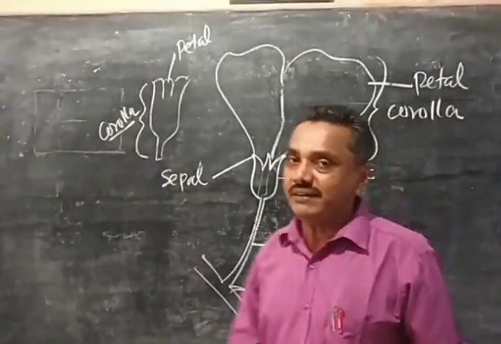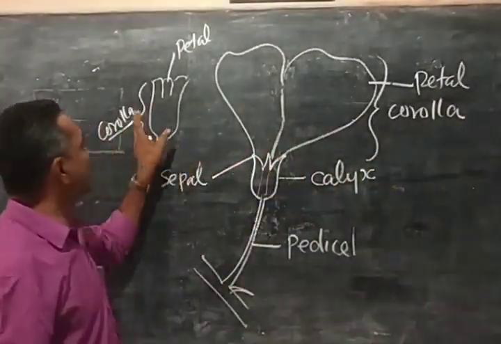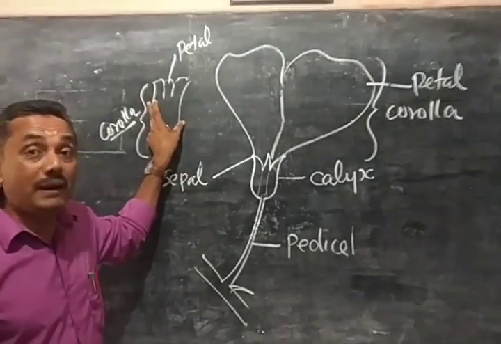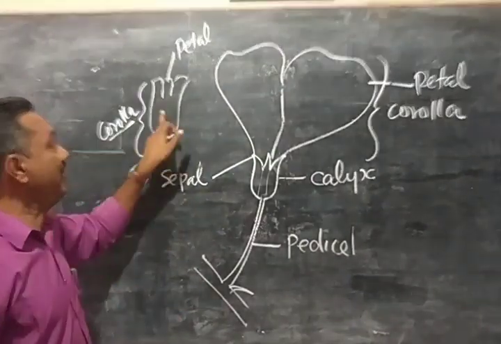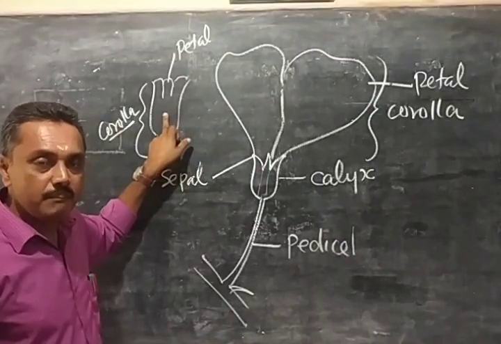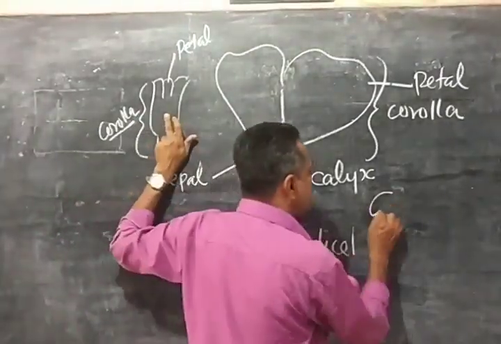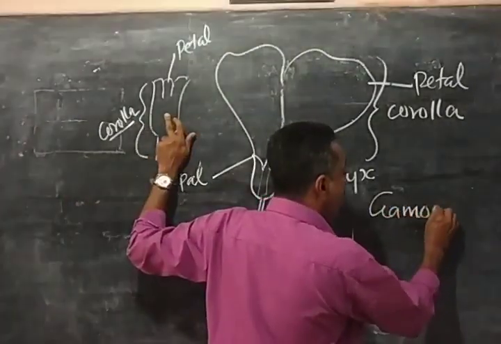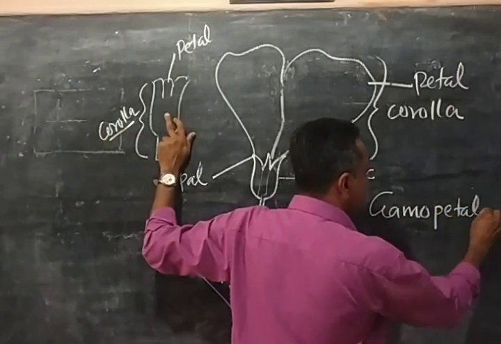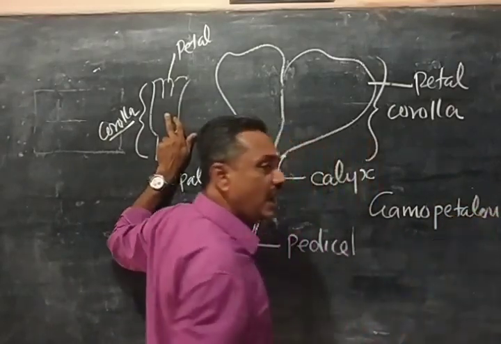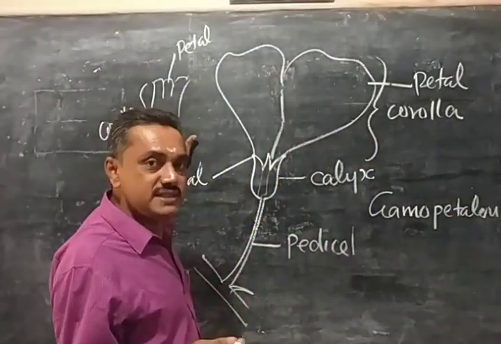See, gamopetalous and polypetalous. If the petals are joined, that condition is called gamopetalous.